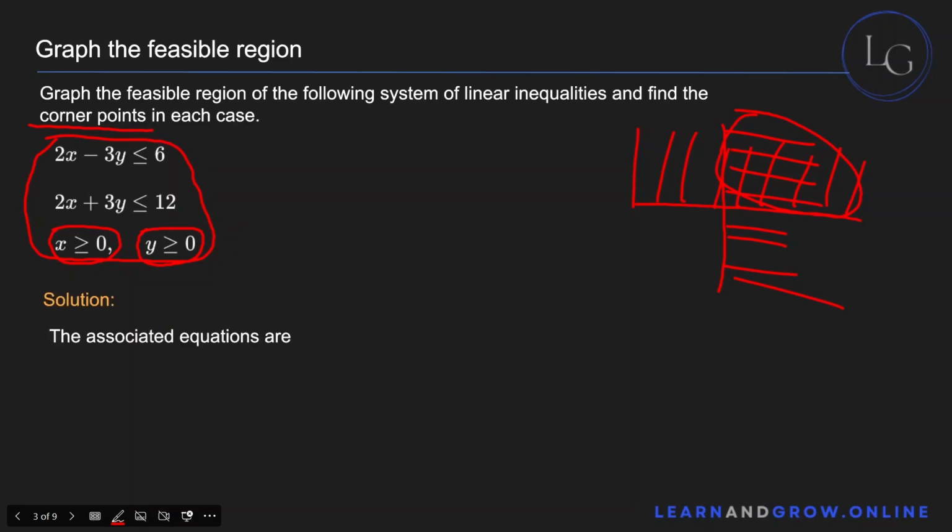Now, the associated equations are these. And again, associated equations are just the inequalities in which the inequality signs are replaced with the equal to sign. So we have two equations. Simple.